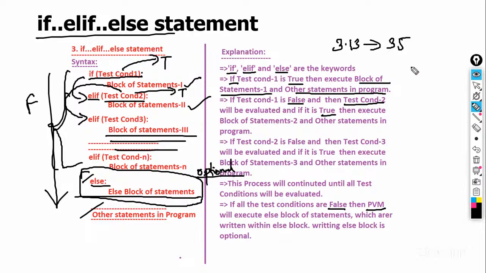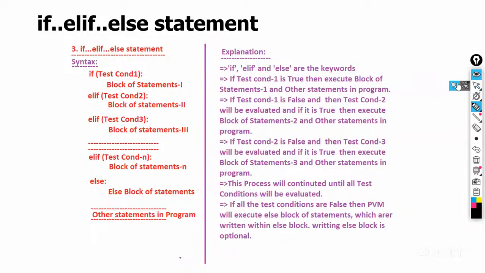Why? We are familiar with simple if statements, and we are also familiar with if else statements. As we are good at these two, it will be very easy to understand if-elif-else statements. Right?